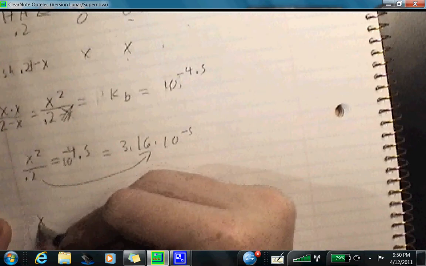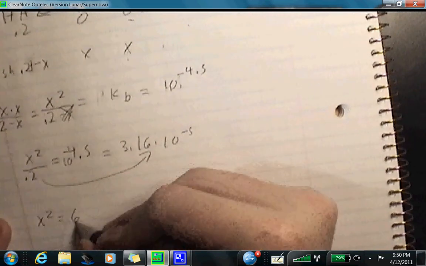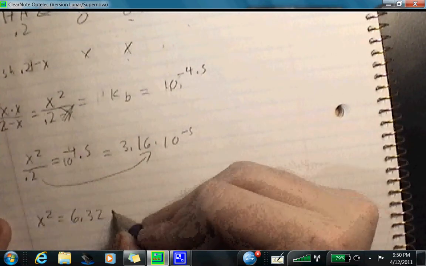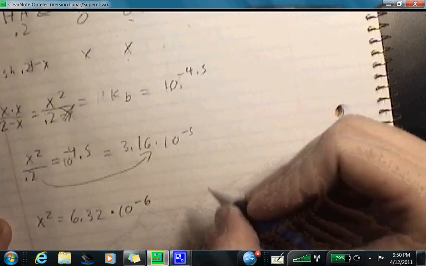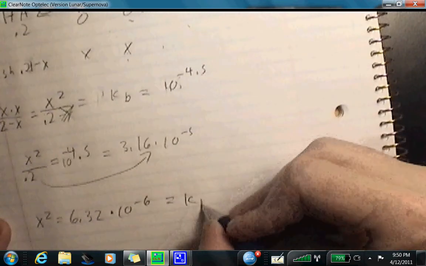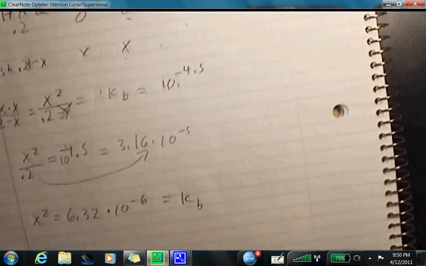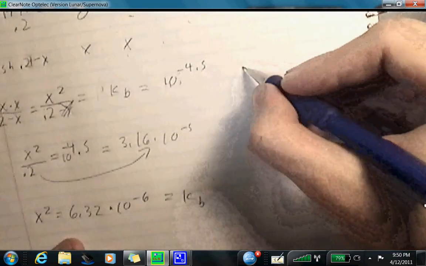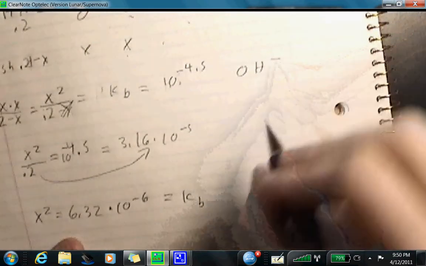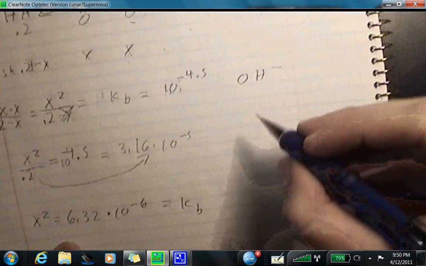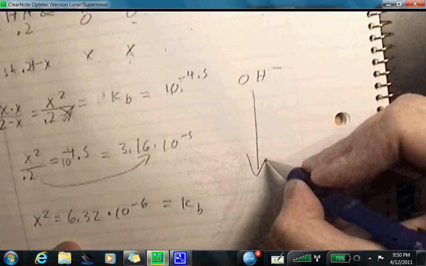So we're multiplying that to solve for x. So now we have x squared equals 6.32 times 10 to the negative 6. This is our Kb. It's very important that you always write down what you're solving for at the very beginning, and always keep track of it.